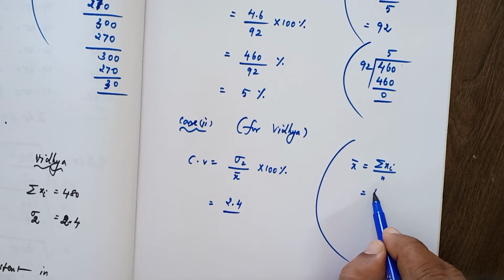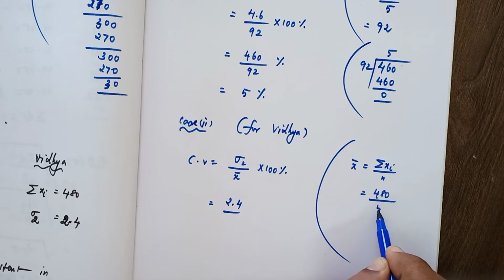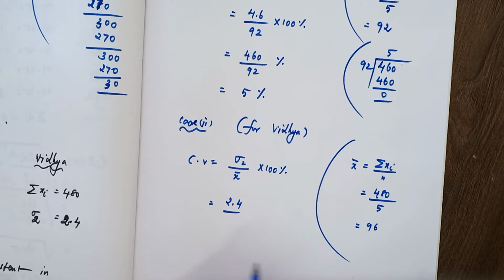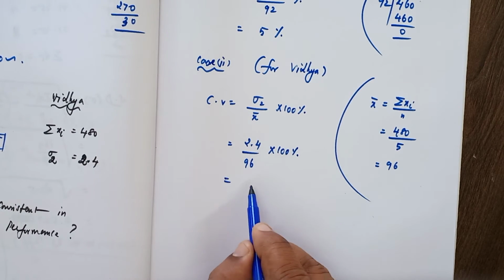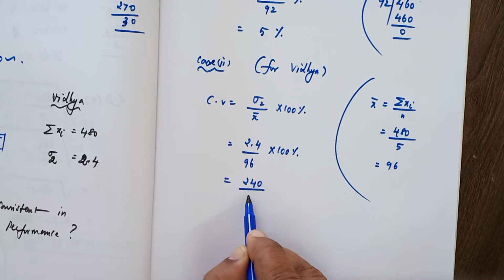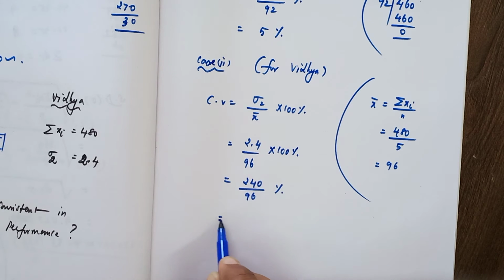For Vidya, total marks 480, number of subjects 5. 5 9s are 45, balance 3, 36. 5 6s are 30. So 96 is the mean. So write 96 here into 100%. 2.4 into 100, that is 240 divided by 96%.